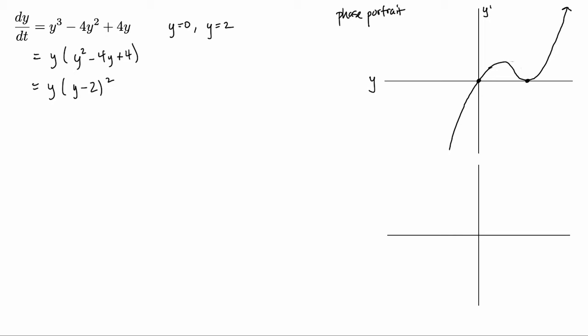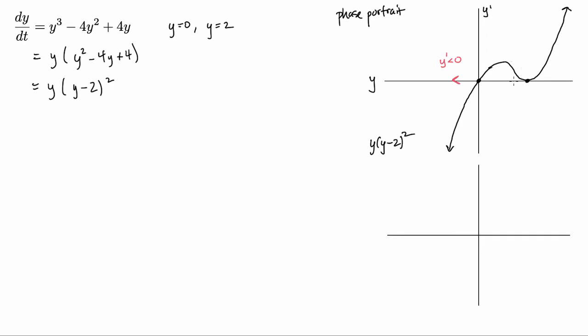All right, so this is the graph of the right-hand side in this case, which is the function y times (y minus 2) squared. If you remember from last video, what we wanted to look at are each of the regions that are created by the critical points. In this case, to the left of 0, y prime is less than 0, so solutions will be decreasing.